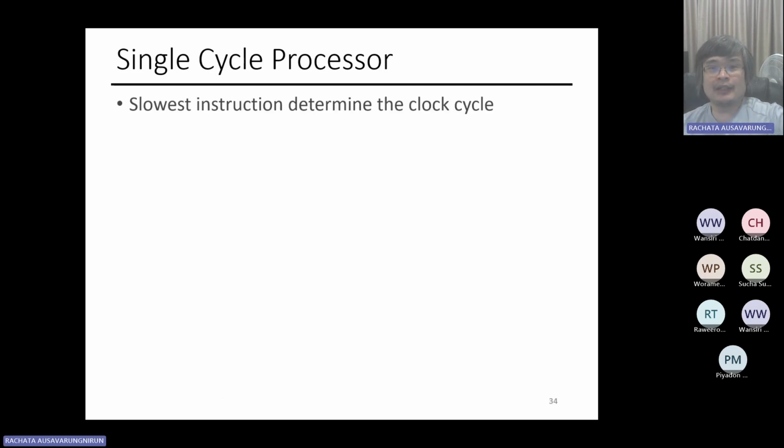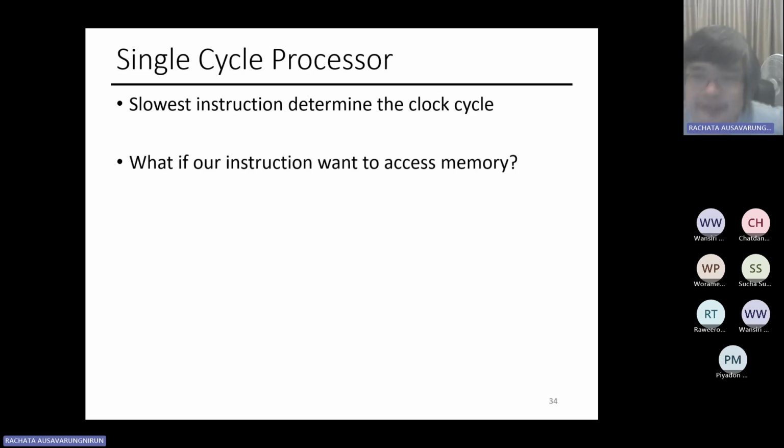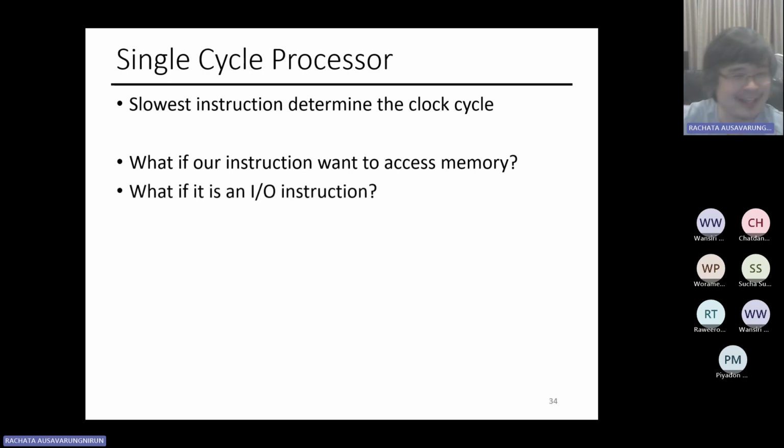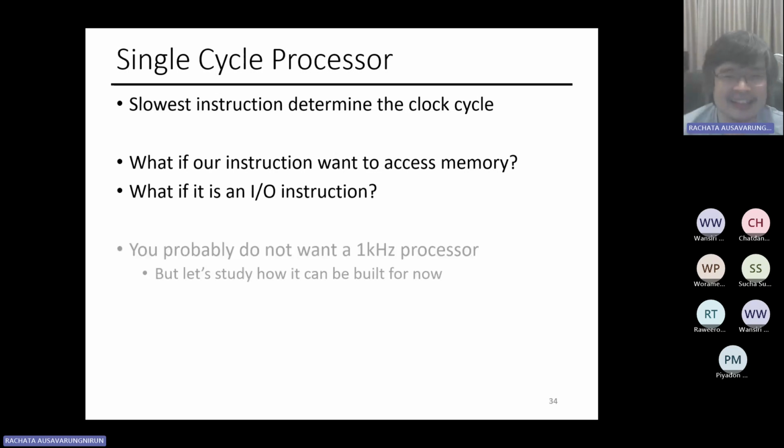Again, the slowest instruction determines the clock. So what if my instruction wants to access the memory? That's going to take a long time. Or if it's an IO, that's even longer. You probably do not want a 1 kilohertz processor, because if you build a single cycle processor, it's going to be 1 kilohertz or worse.